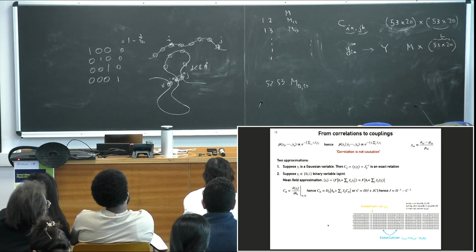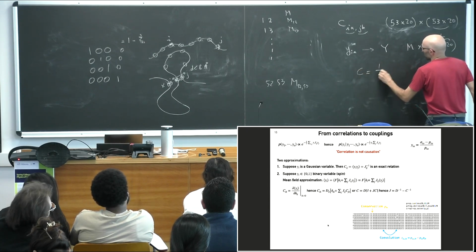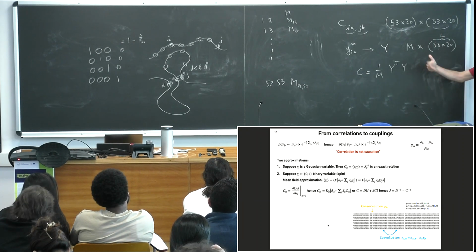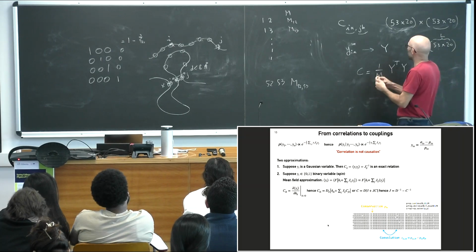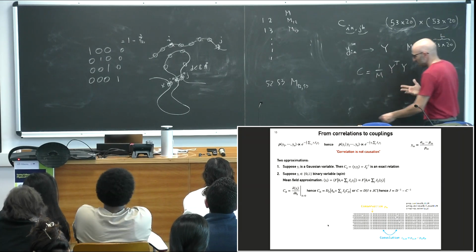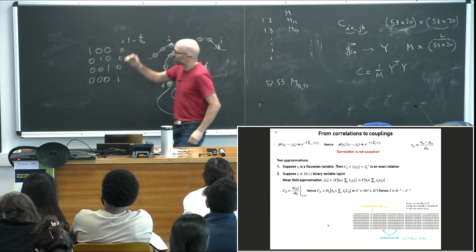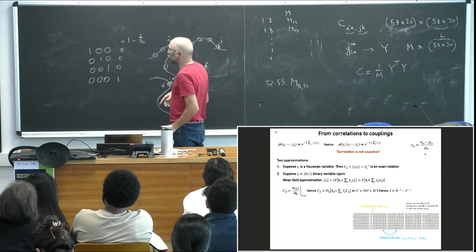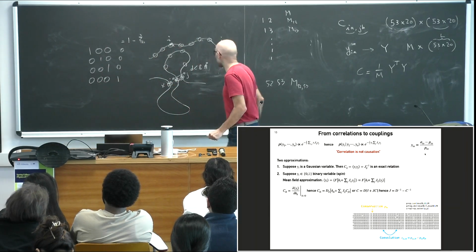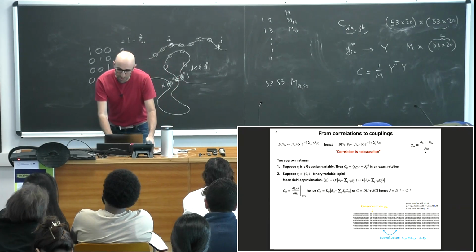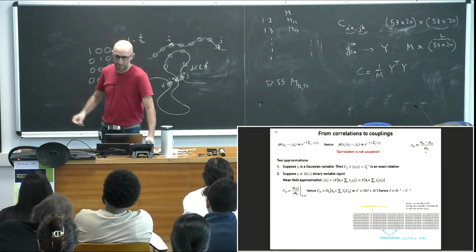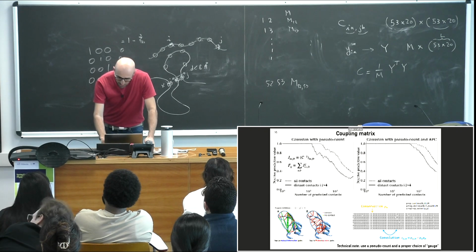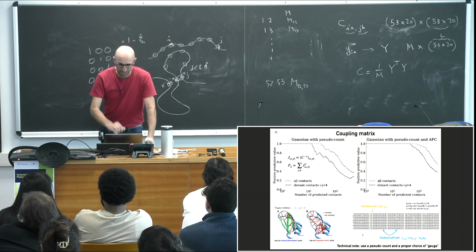Then the correlation matrix is just 1 over M Y transpose Y, as we did in the lectures. You have to subtract the mean first and divide by the variance to standardize Y, but the variance is just equal to the mean because these are binary 0, 1 variables. Once you do that, you can invert the matrix.